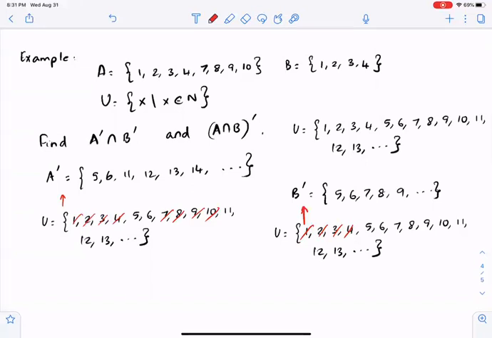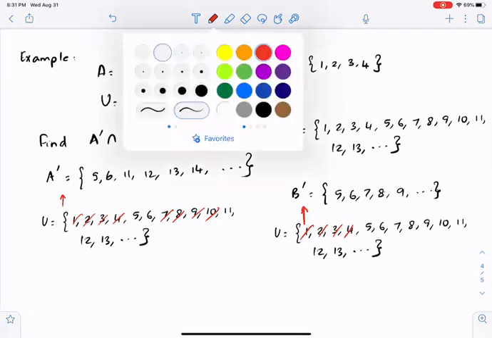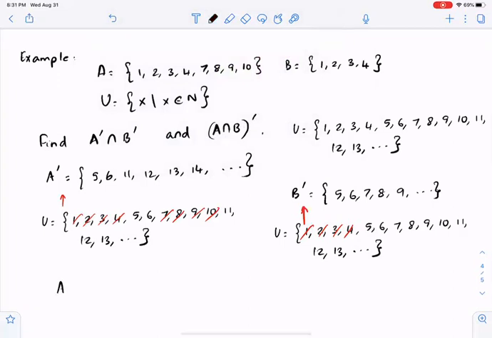I have A complement, I have B complement. I want to find their intersection. What is common to both? We have 5 and 6 that are common to both A complement and B complement. 7, 8, and 9 are in B complement, but not in A complement.